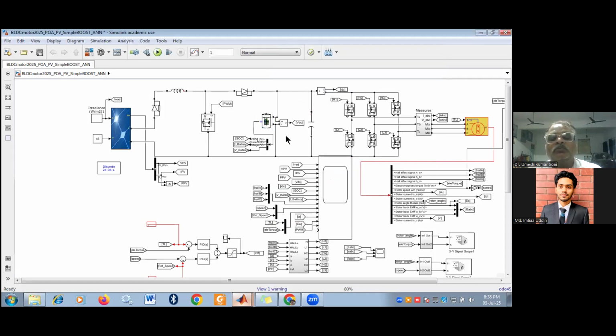MPPT will only be possible when, apart from the load, we have a storage system which can store the energy during lower loads. Without the storage system, our MPPT will not work. In a grid system, the MPPT will work without the storage system, because in on-grid mode, whatever energy the load is taking, the system is led such that the PV generates maximum power and feeds the extra power beyond the load to the grid.